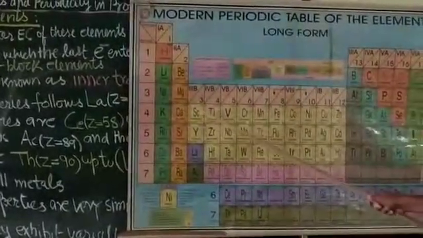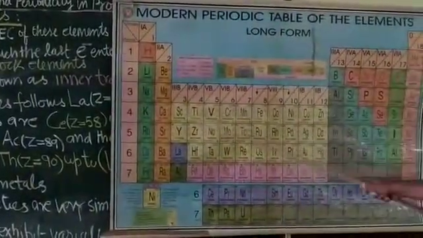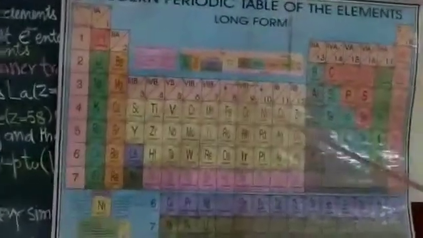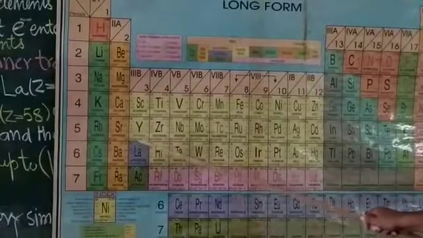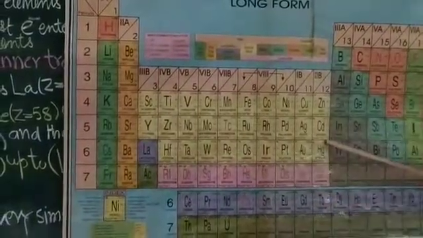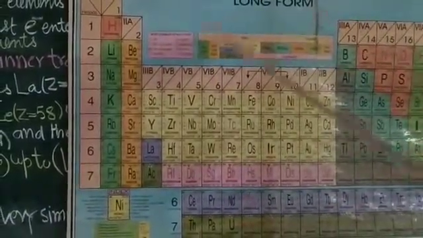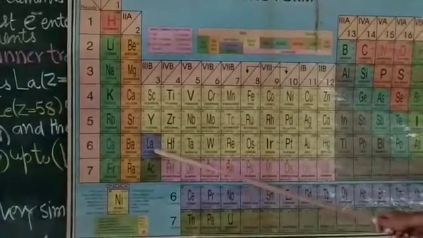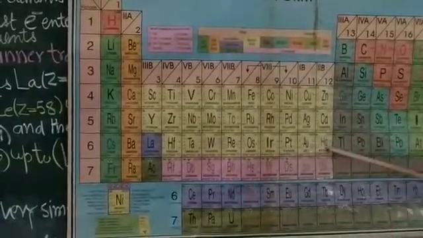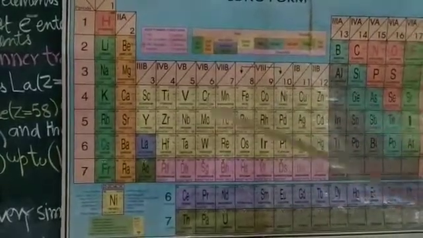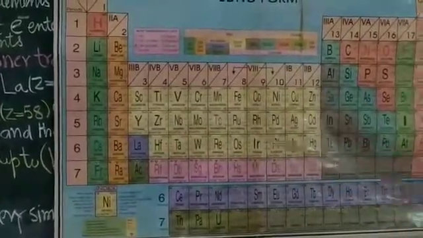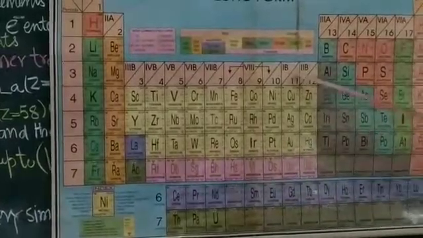Where are they located? Zinc is located here. This is called the 3d series. So in the 3d series, zinc. In the 4d series, which starts from yttrium, ends at cadmium. And in the 5d series, starting from here, ending up to mercury. So remember, in the 3d series, zinc, 4d series, cadmium, and 5d series, mercury.